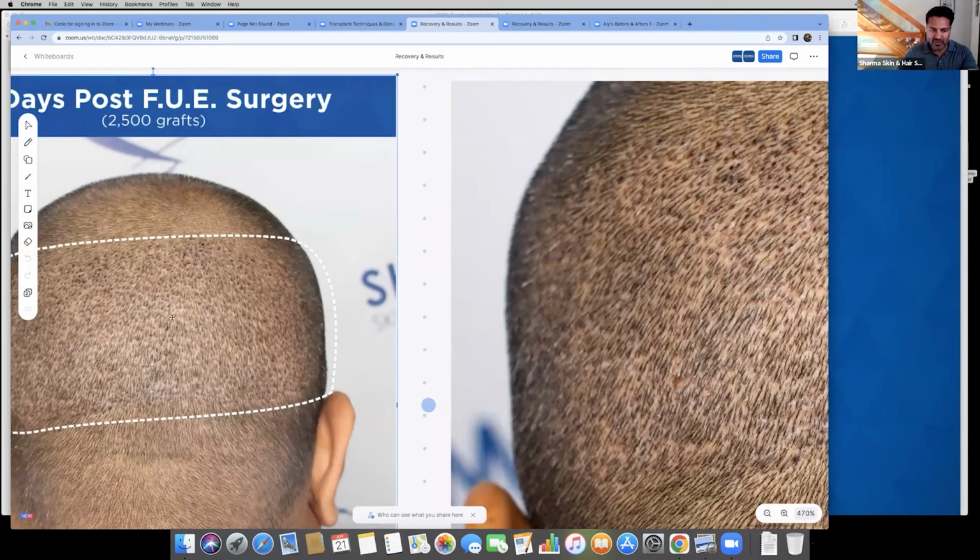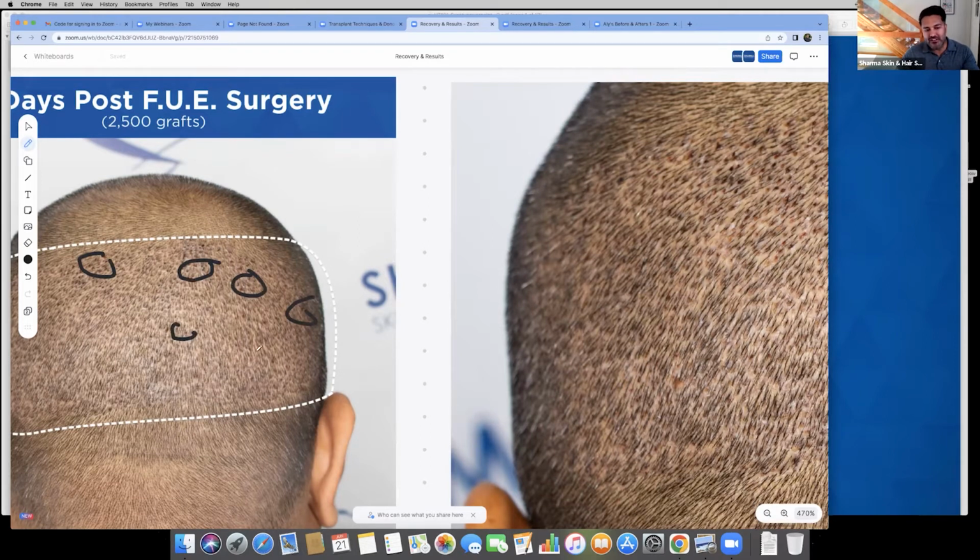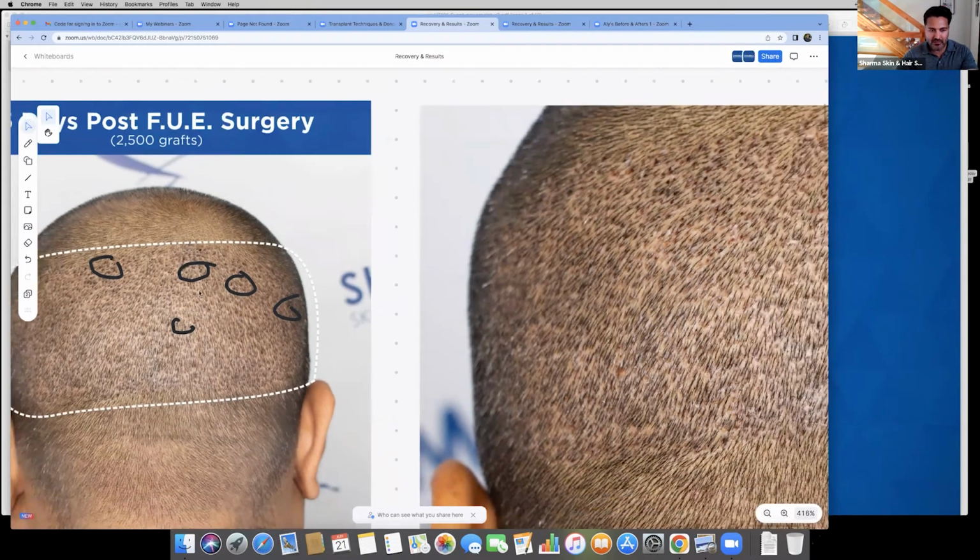It does look patchy. You've got some scabbing there as well. So these little dark areas are eschar, and it's basically a bit of scabbing. And we keep you on antibiotics for 7 days, and this will sort of heal in, and you'll get post-wound healing there.